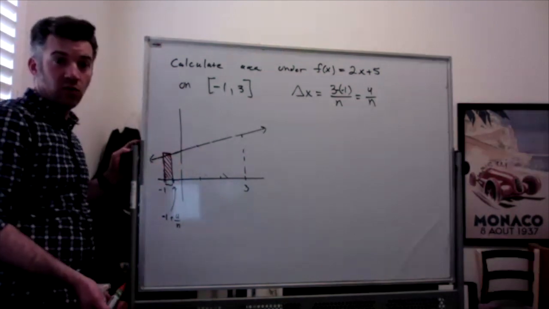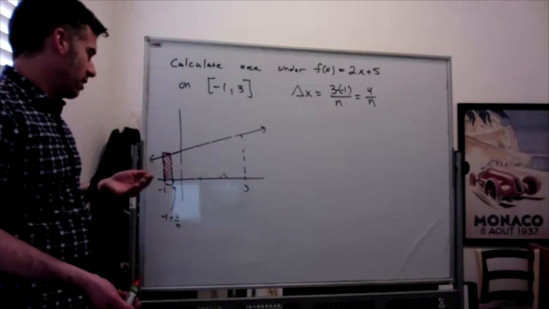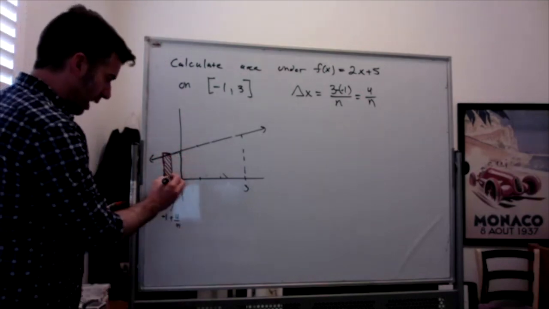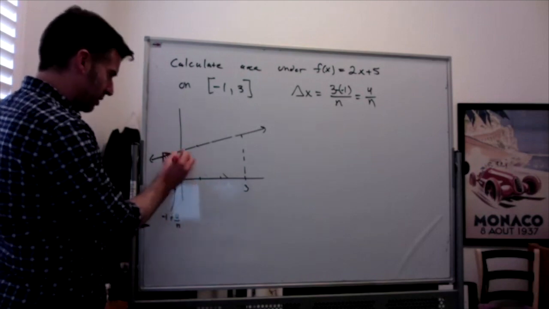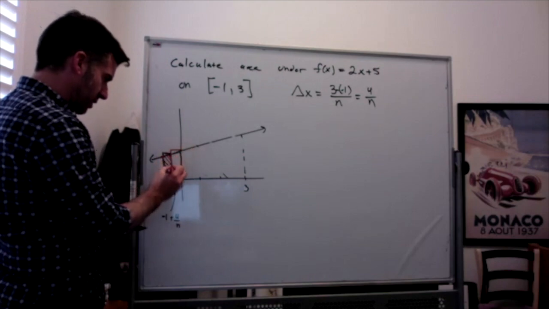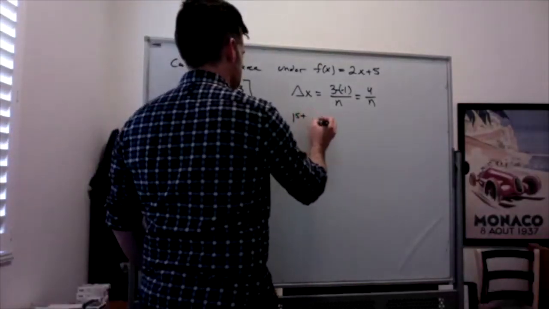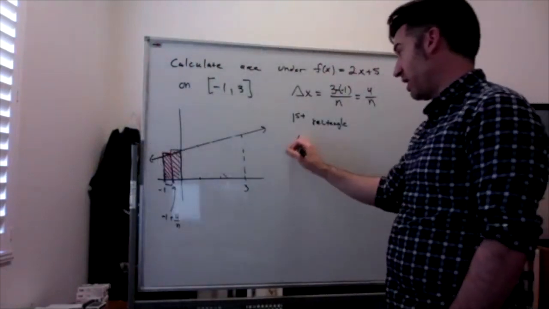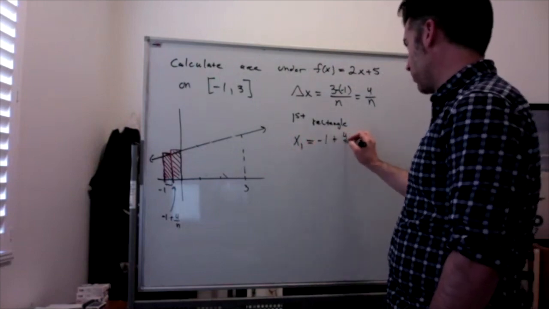That's going to be true for every rectangle in this function because the function's increasing. So for the next subinterval, let's just pretend it hits at 0. I would use that point to find the height, and there's going to be my next rectangle. For the first rectangle, my right endpoint, which I'm going to call x sub 1, is -1 plus 4/n.